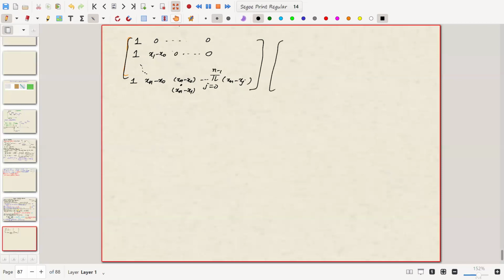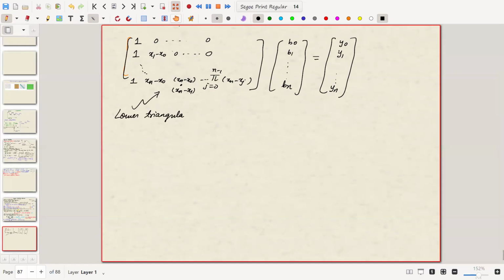And then on the right, what do you have? B0, B1, till Bn. These are the unknowns you want to find. What is on the right? Yn. Can you see that this is a lower triangular matrix?